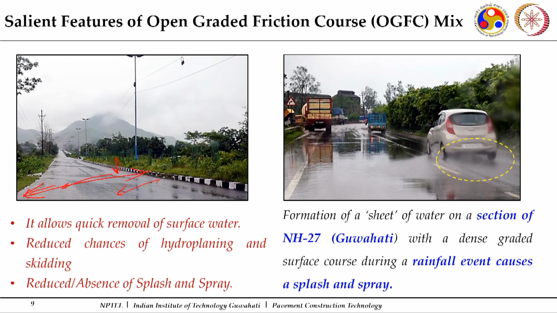So, you will always find some film of water existing over it, and when traffic plies over it, you will find a splash and spray happening, especially when heavy vehicles move at faster speed, which reduces your visibility. So, if instead you go for a surface where it takes water inside the layer, then immediately you will not find any water film over it.